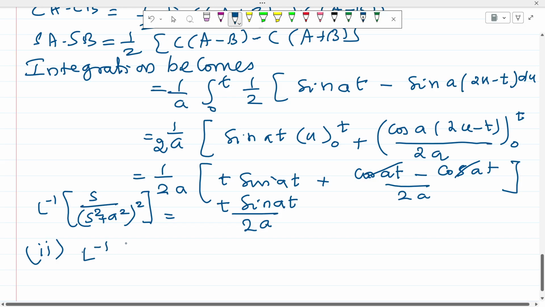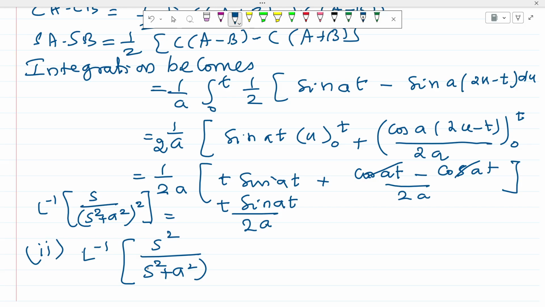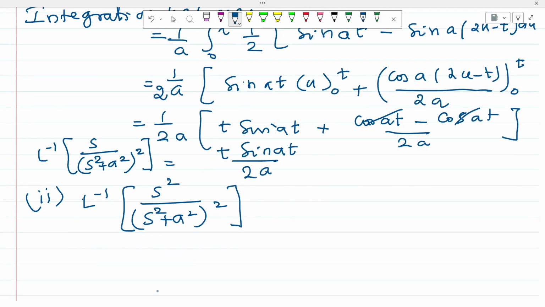Find L inverse of s square divided by s square plus a square whole square. It is the second problem.